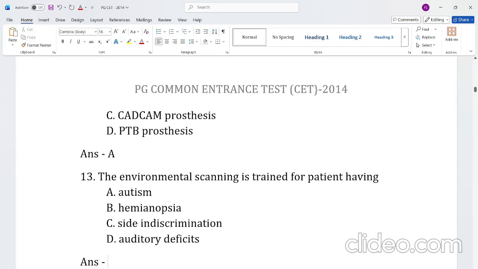Then question number 13: the environmental scanning is trained for patients having, the answer will be hemianopsia. Let's see why the answer will be hemianopsia, why not others. First, you should know what is hemianopsia. Hemianopsia occurs following a stroke or traumatic brain injury affecting the visual pathways.